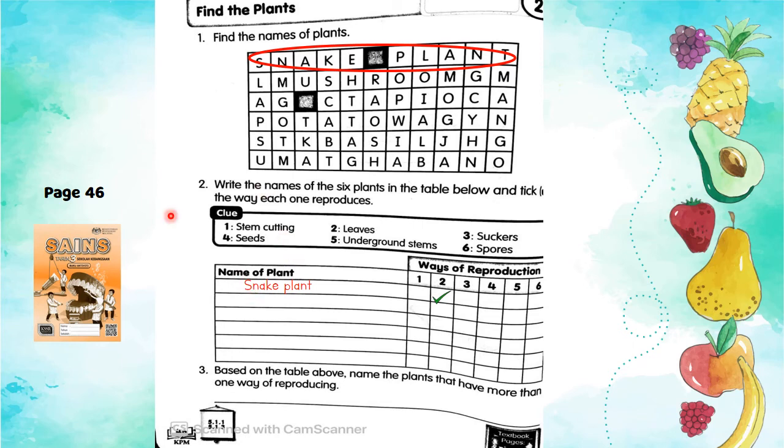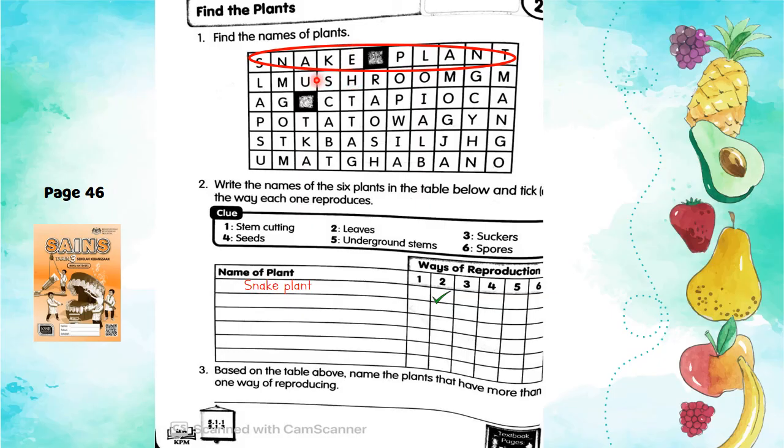Page 46. Find the names of plants. There are 6 names of plants in the table. You find them. For example, I give you one example. One of the plants is snake plant.